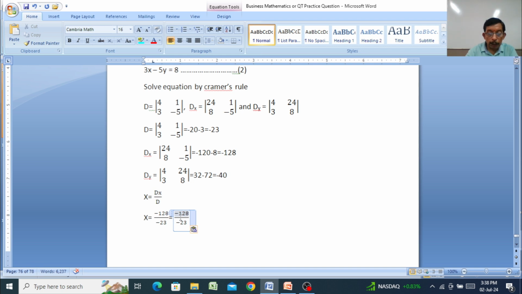Cancel out the minus sign from numerator and denominator. The value of x is 128 upon 23. This is the value of x.